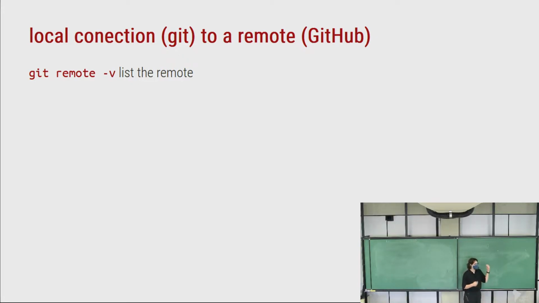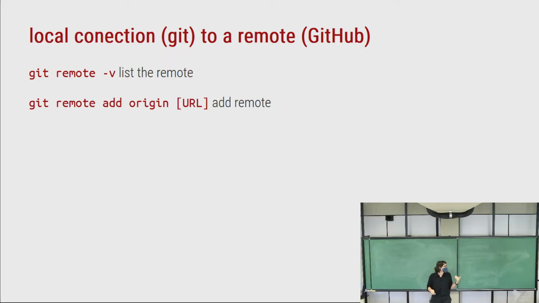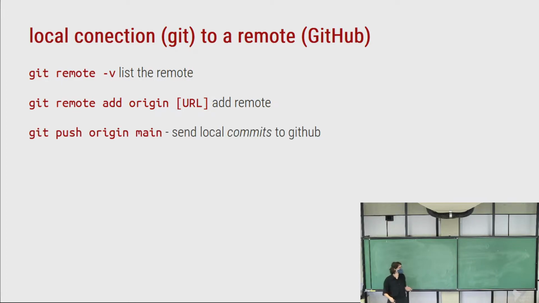So we always have to connect a Git local repository to a remote. We will use git remote -v to list, to check what the remote is. And we can add a remote, and we do that by using git remote add origin and the URL of the repository.